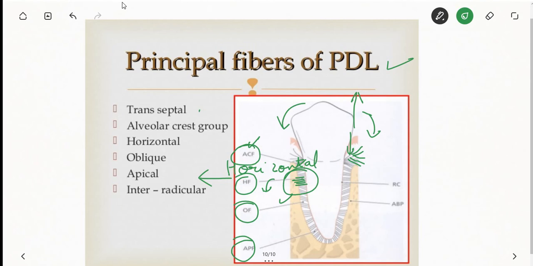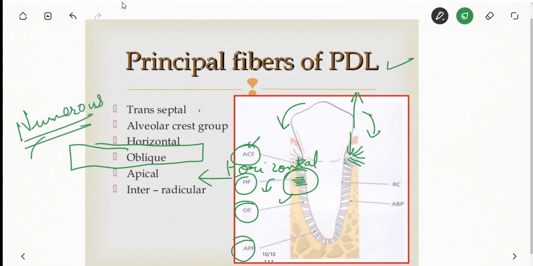Third comes the oblique fibers. The bundles of the oblique group constitute the main attachment of the tooth. Which fibers are most numerous? These are the oblique fibers. They run obliquely from the cementum to the bone.